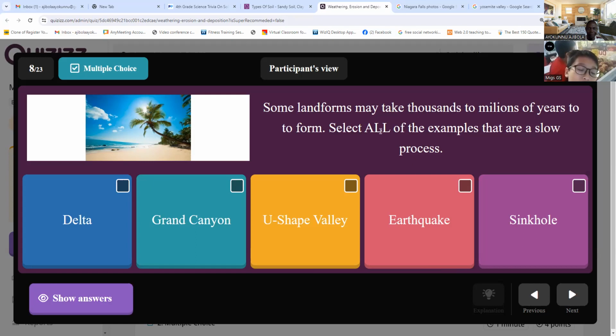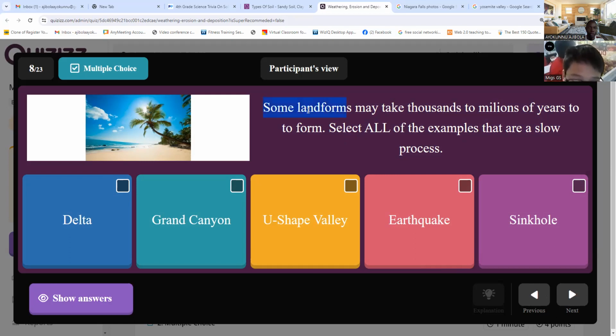So the picture shows a beach, with a sea and clouds and sky with the sun, and trees that look like coconut. But this picture is just referring to one kind of landform.